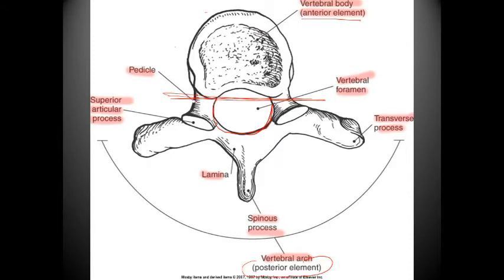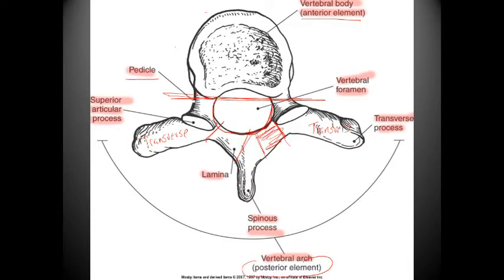To attach the arch or to make up the first segment of the arch, we have the pedicle, and then we have the transverse process here, and this is bilaterally. And then to connect from the transverse process to the spinous process, we have the lamina, which is this area here.